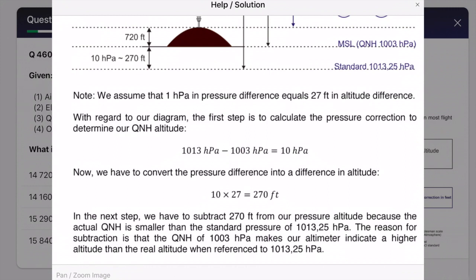In the next step, we have to subtract 270 feet from our pressure altitude, because the actual QNH is smaller than the standard pressure of 1013 hectopascal, or to be very accurate, 1013.25 hectopascal.